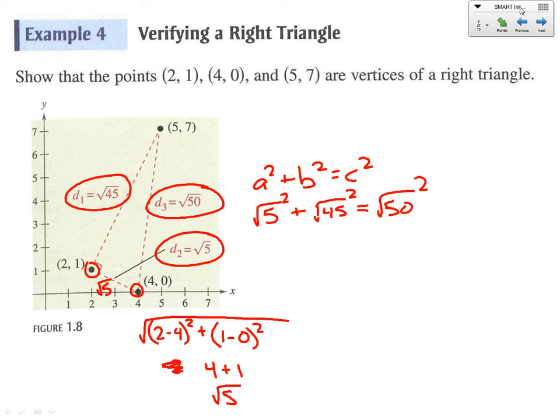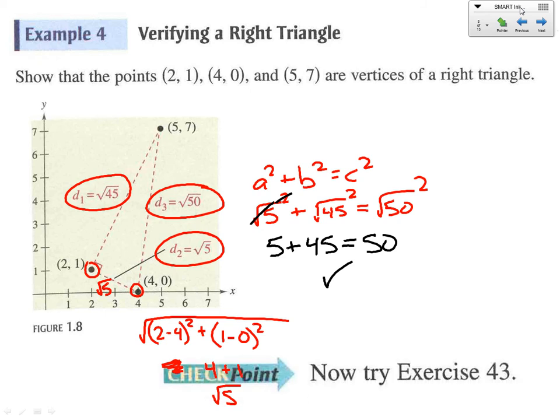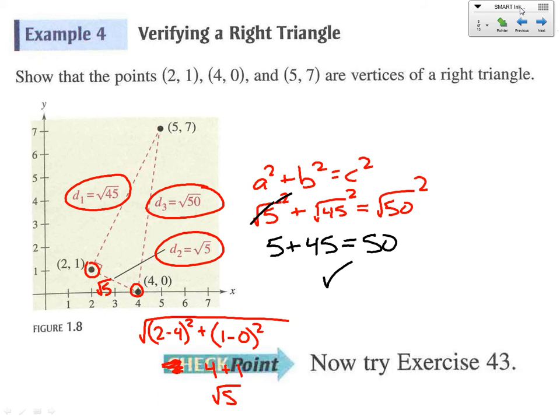Well, what happens with square roots and squares? They cancel each other right out. So we just have 5 and 45. Does that equal 50? Absolutely it does. So this is a right triangle. That's how we would prove it using the Pythagorean theorem. So you're up now. Problem 43 is yours to try.